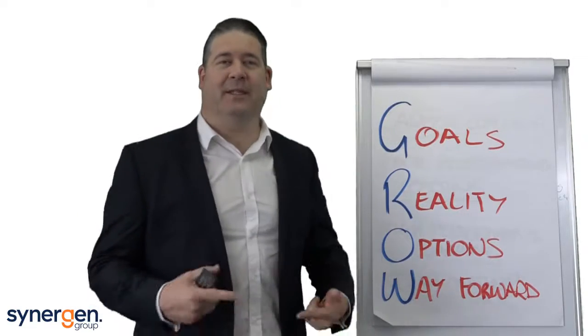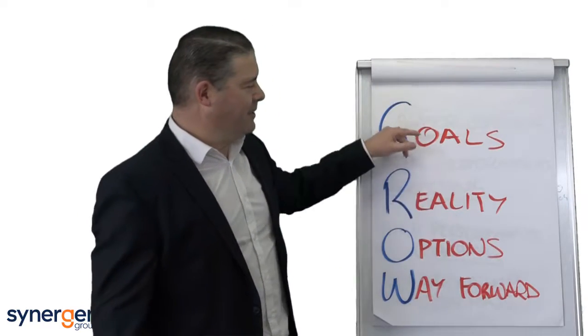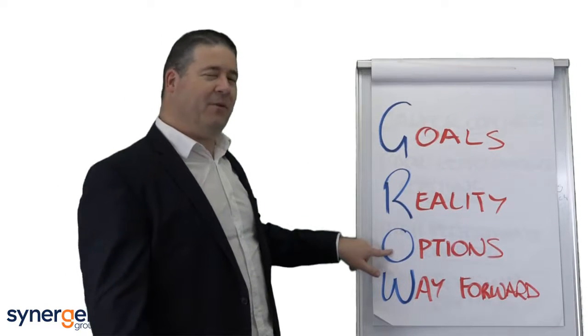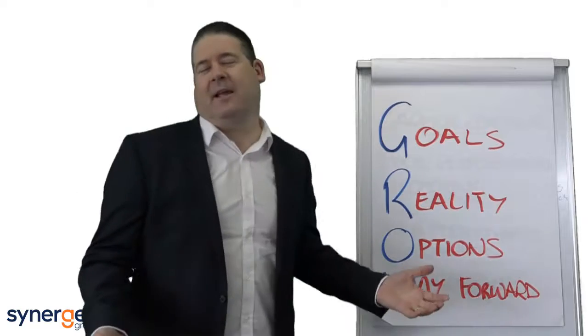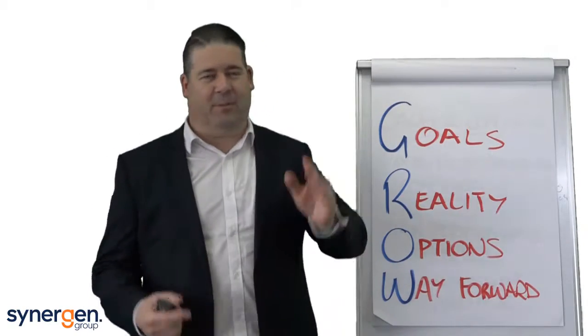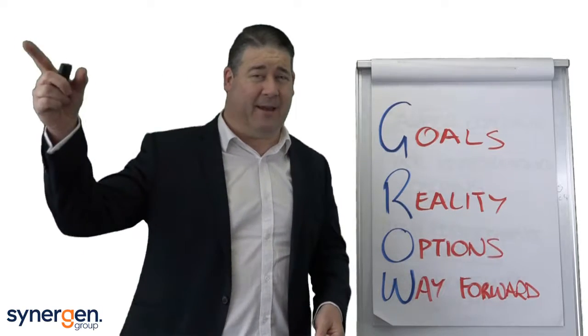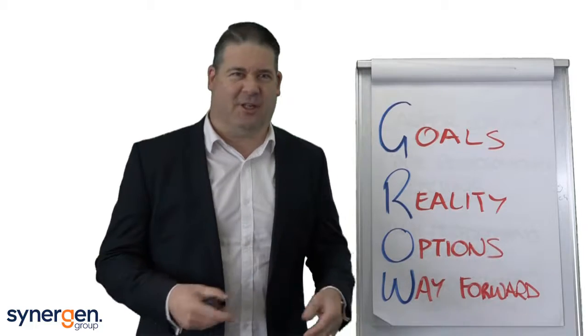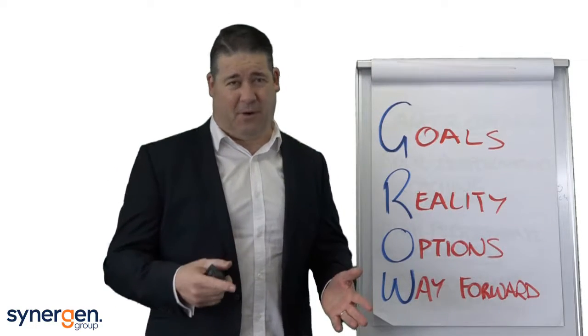Then you go down into the O, which is the options. This is where you really take some time to look at, if we understand where we want to get to and where we are right now, what are the different ways we can get there? The best analogy I can use for this is Google Maps. If we plug into Google Maps where we want to go, it'll look at shortcuts, traffic congestion, all those things, and it'll give you a preferred option.